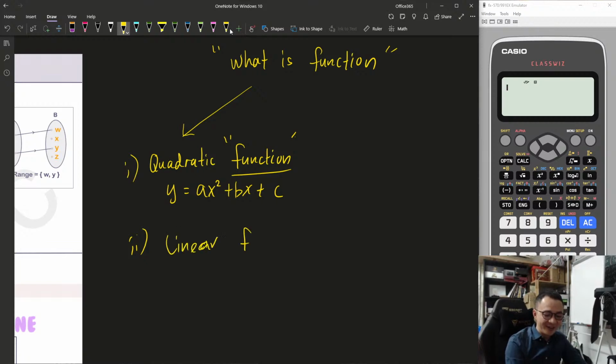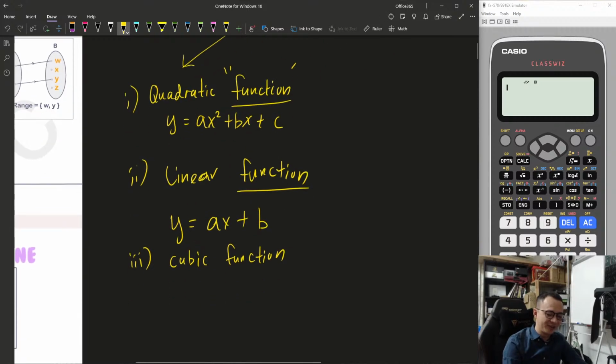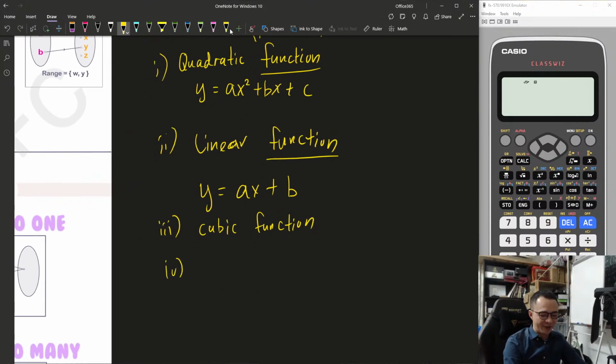Linear function also has the keyword function: y equals ax plus b, or mx plus c. It's the same thing. And of course, I can still give you a lot of different functions. We can have cubic function, and we can have any polynomial function.